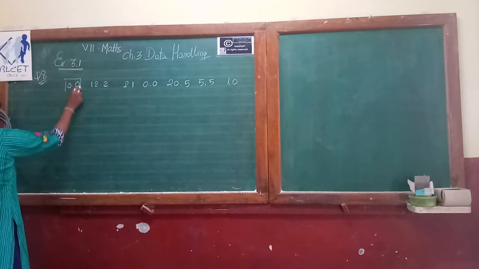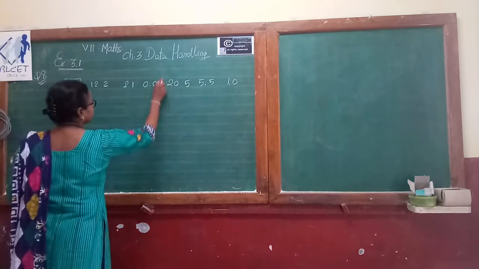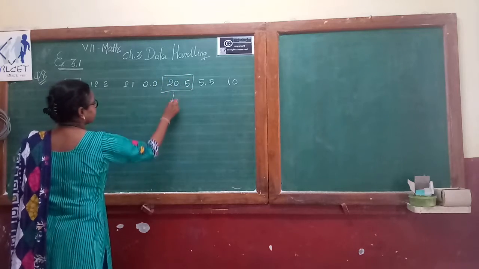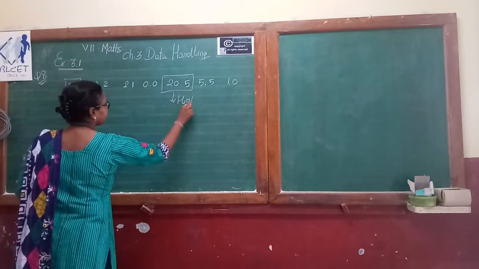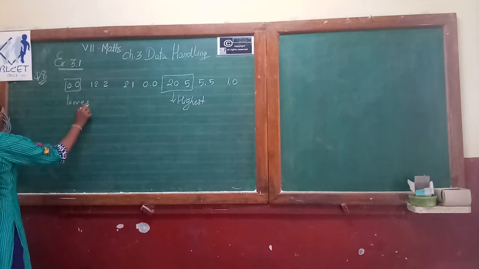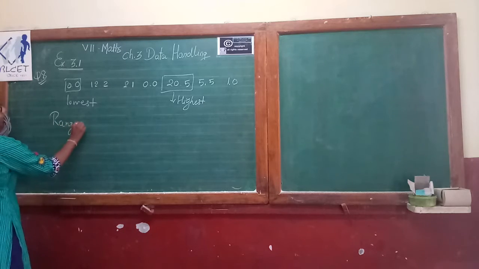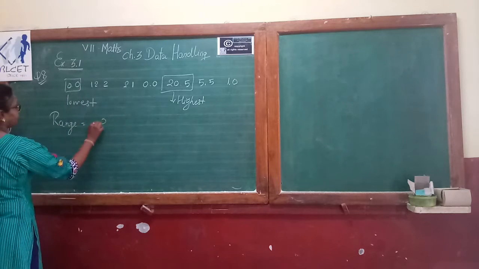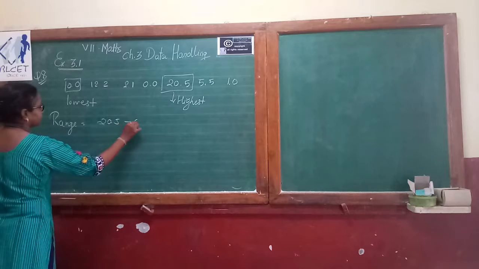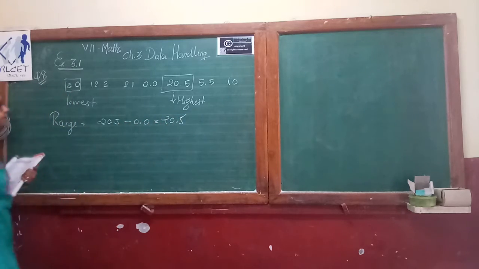The lowest one is 0.0 and the highest one you consider is 20.5. So this is your highest and 0.0 is your lowest reading. So range is equal to what? Highest minus lowest. So what is the answer? 20.5 minus 0.0. So your answer is 20.5 only.